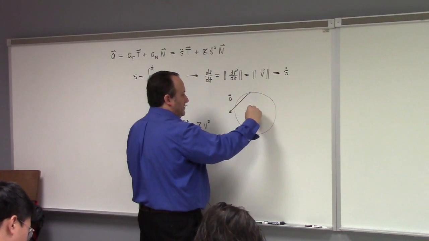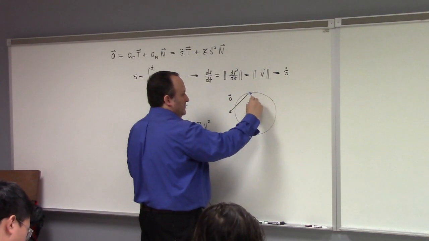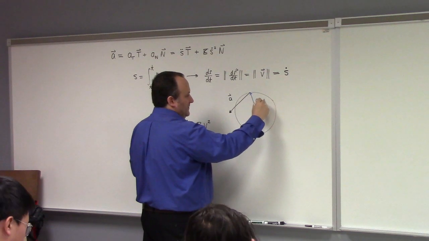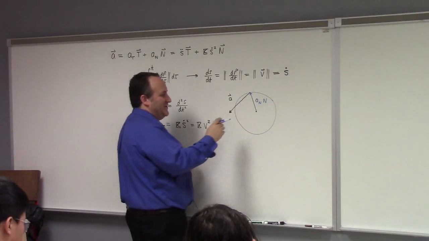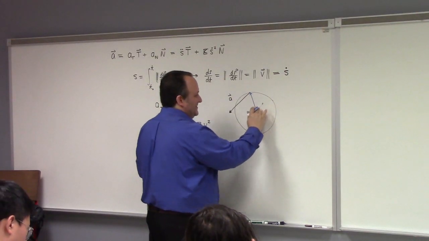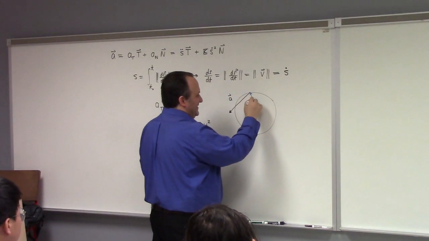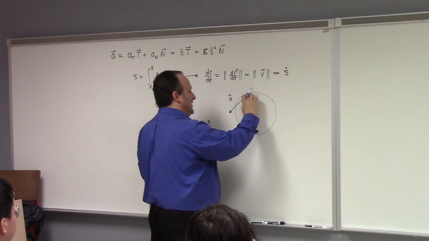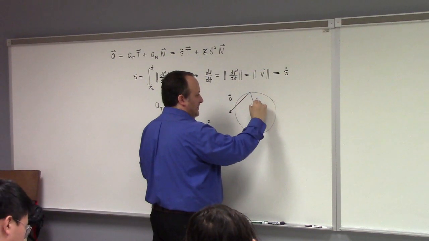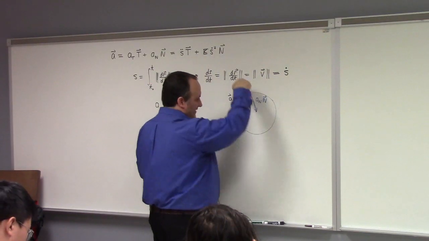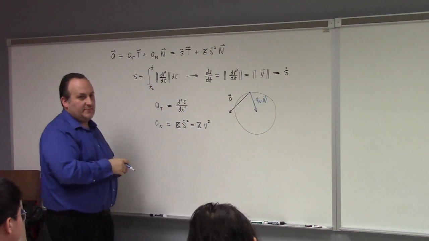Yeah, you got this piece, which is a sub n. Actually, that's not even right. It's because the normal does what? Right. My bad. I should write it this way. So I'll make the arrow go the right way. So this is a sub n, because remember the normal points towards the center of the radius of curvature.